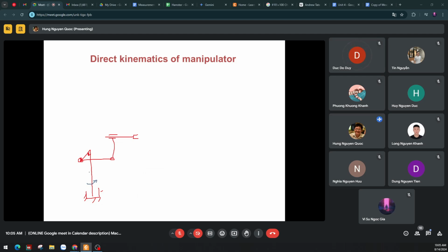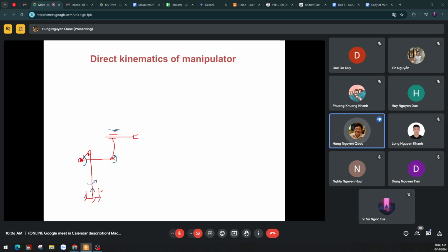Four. One rotation here, one rotation here, and one is sliding here. So we have four degrees of freedom. Now, can you make the DH frames? Let's do it together.